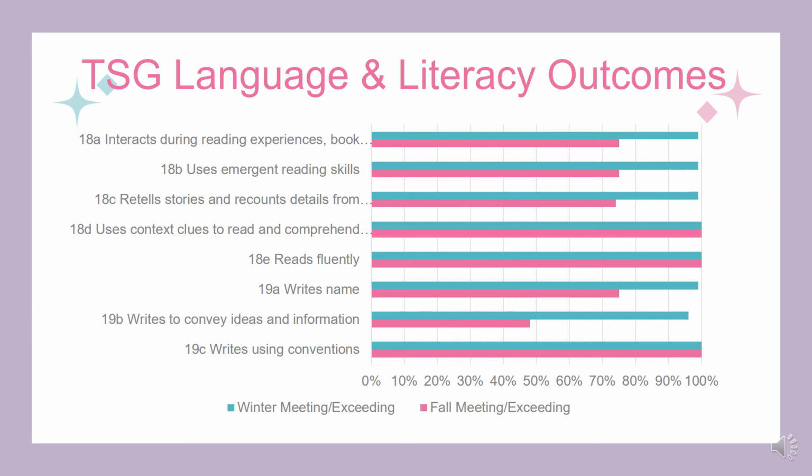When we look at children interacting during reading experiences, there's definitely a lot of growth there. Children using emergent reading skills, as well as children retelling stories and recounting details from informational texts. You had a lot of growth there, as well as children writing their names and writing to convey ideas and information.